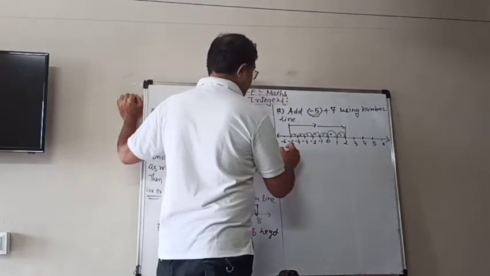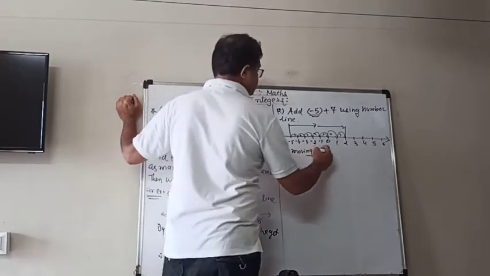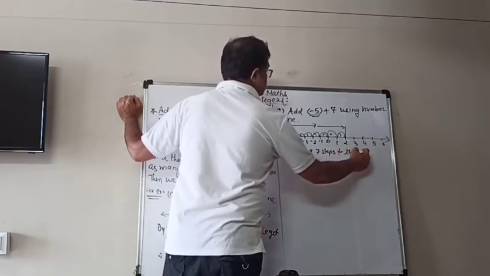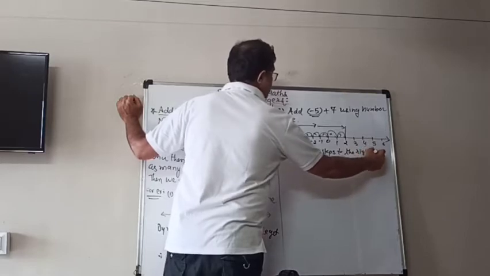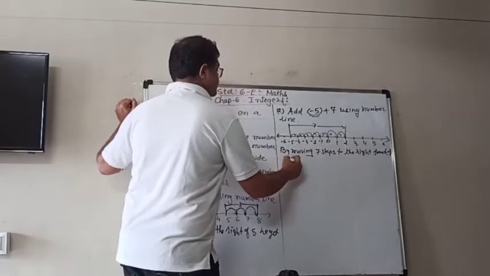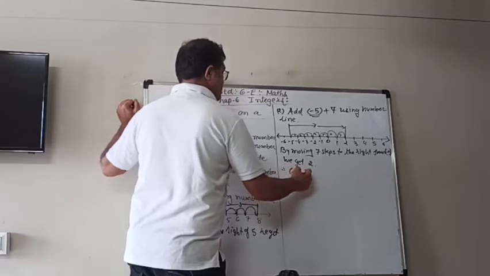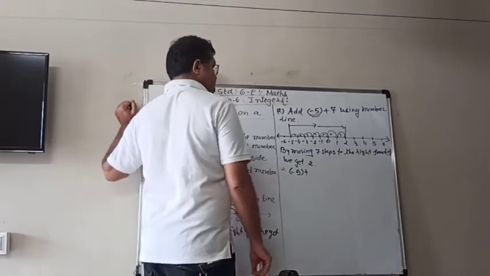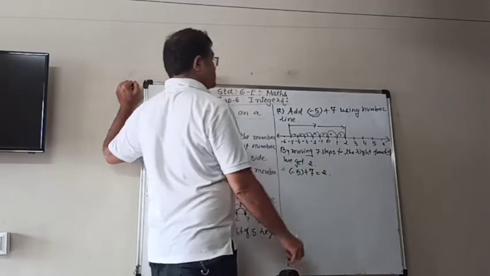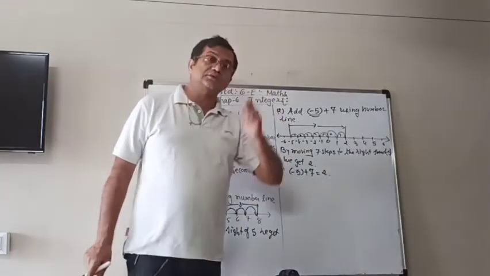So now by moving 7 steps to the right from -5, we get 2. Therefore, -5 plus 7 is equal to 2.